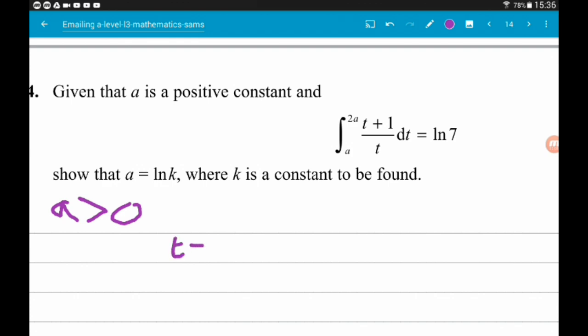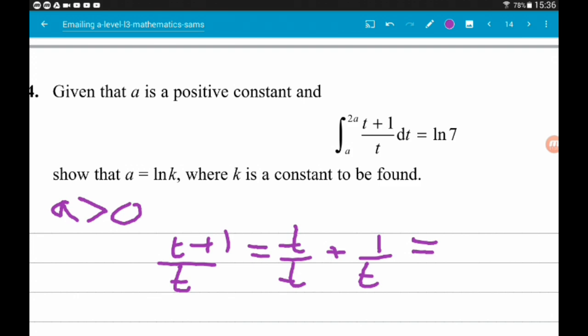So (t plus 1) over t is equal to t over t plus 1 over t, which is 1 plus 1 over t.